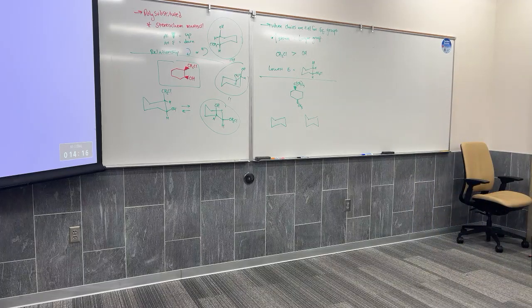Start by sketching out your 2 structures, your 2 chairs, and then you really get to choose where you start. Pick any carbon and call that carbon the group with methyl. And then figure out how methyl is going to show up on the carbon you chose.